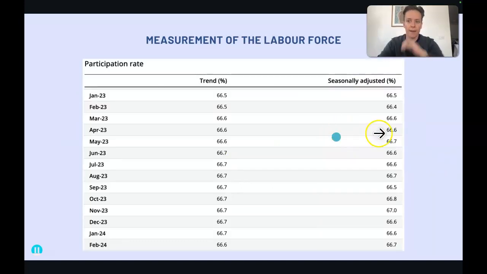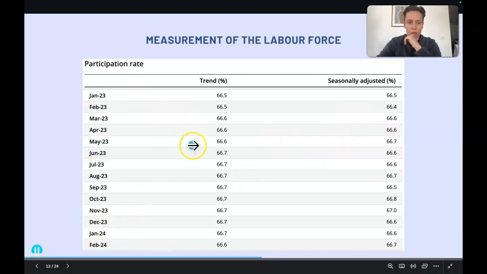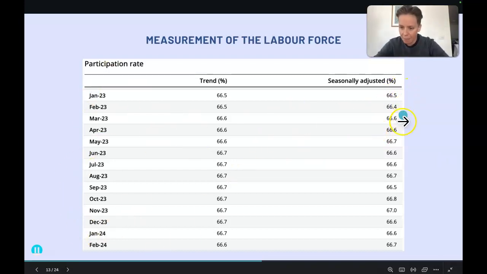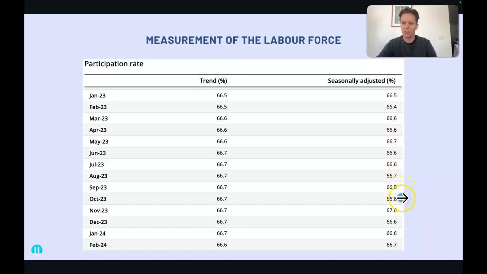So let's keep going. Okay, so have a look at this data for me. I've just got the last 12 months worth or so, and you can see that the number is fairly consistent. Like, it doesn't jump around too much. For the most part, it's sort of sitting on the 66.5 scale. The back end of 23, it sort of hits 66.8, gets to 67, and then it drops back to 66.6.